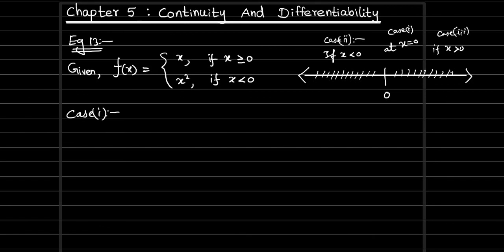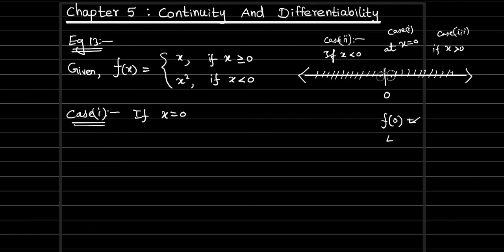Case 1 where we are going to check at x equal to 0, right? When we say a function is continuous, what are the things we need for the continuity? First, what is the exact value the function will take when x equal to 0? That we need to find. Next, the close values of 0 on the left hand side and close values of 0 on the right hand side, are they approximately equal to f of 0 or not, we need to test it.